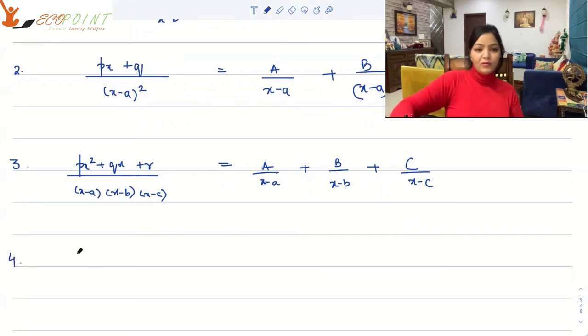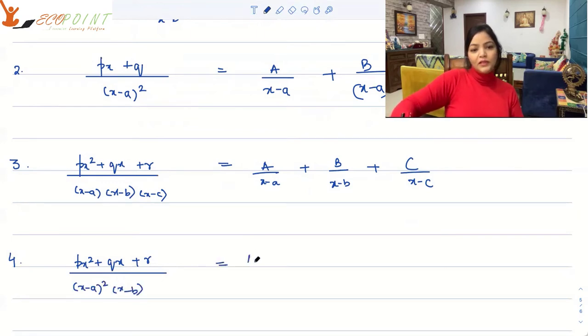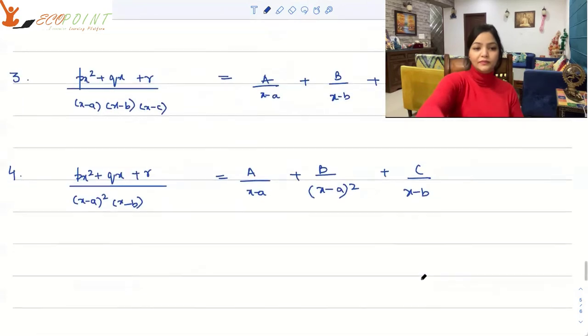And number 4, if you have (px squared + qx + r) upon (x minus a) whole square into (x minus b), that will be equal to A upon (x minus a) plus B upon (x minus a) whole square plus C upon (x minus b).